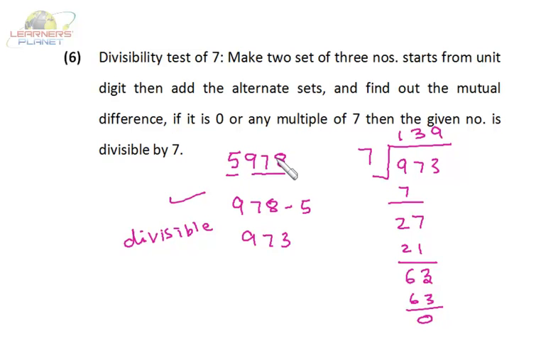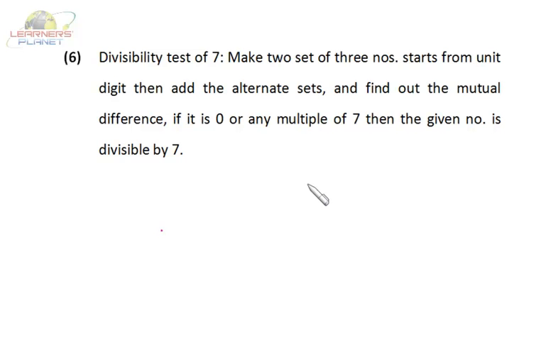Okay, let's take one more example. Suppose I have a number 39424. Okay, a very big number, but kids, don't worry, don't think about the size of the number. Just start doing the operation. Just make a set of 3 numbers.